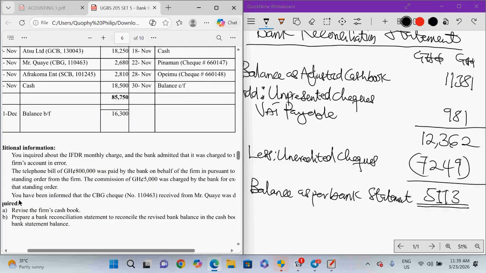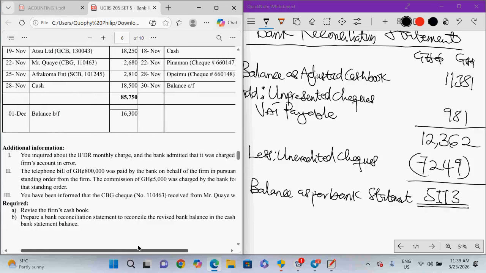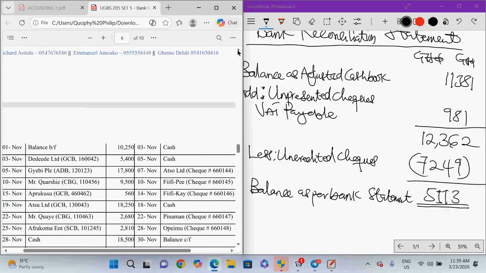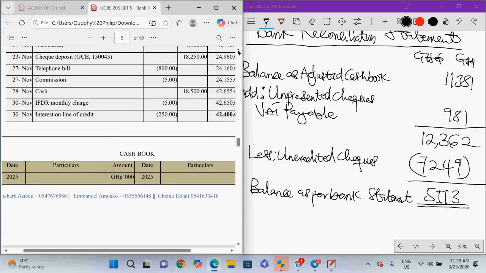In addition to the charge. Then I've been informed that the check number 111 received was dishonored, right? So let's go to the check received.